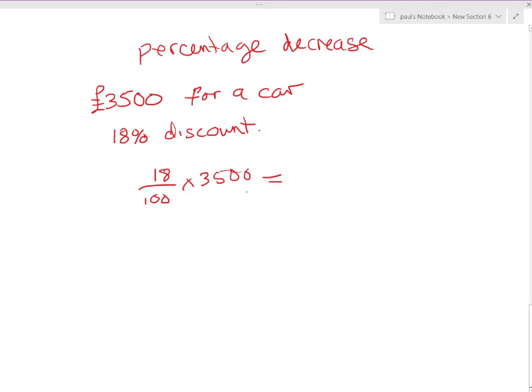So 18 divided by 100 times 3500 equals 630. And this time we're going to take it away. So 3500 minus 630. I can do that with a calculator. 3500 minus that is 2870. So your car's gone down. So that's a percentage increase and a percentage decrease.